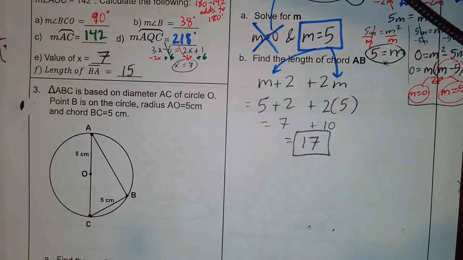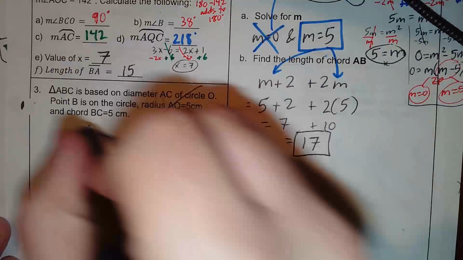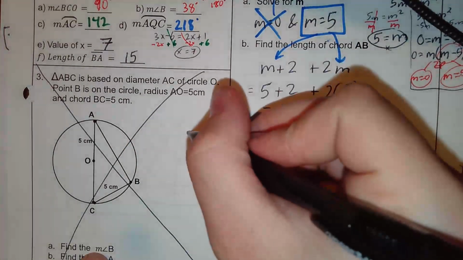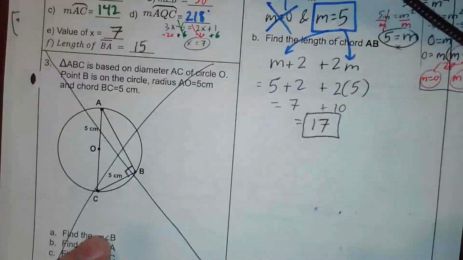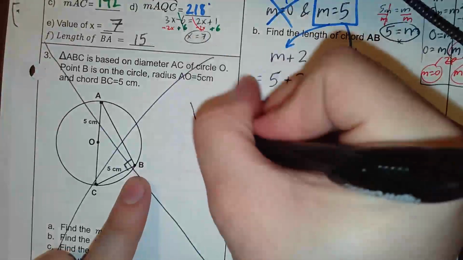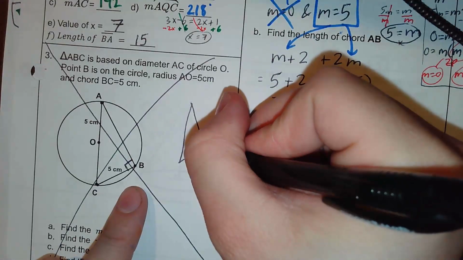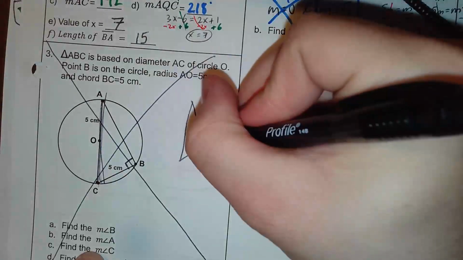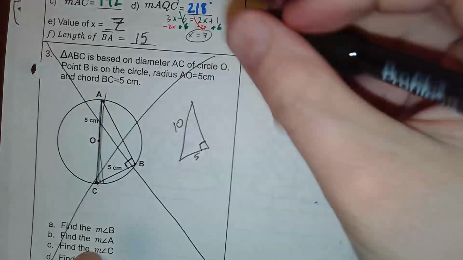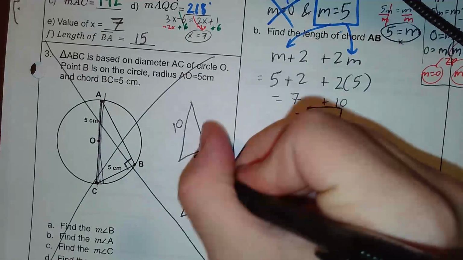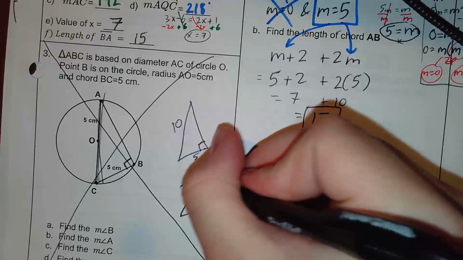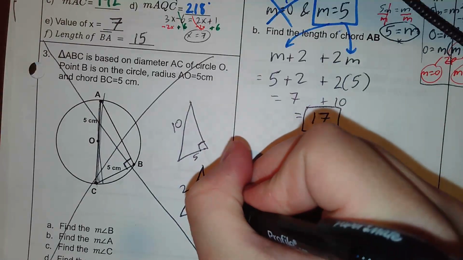All right, number 3. Number 3 is pretty far off from what the test is actually, so for this one, I'm going to go ahead and call that one a day. There is a way to do this one. It actually involves knowing that this is a right triangle, and it is actually a 30, 60, 90. The length of this side is 5. The whole hypotenuse there would be 10. So this one is really comparable to a 30, 60, 90 right triangle.